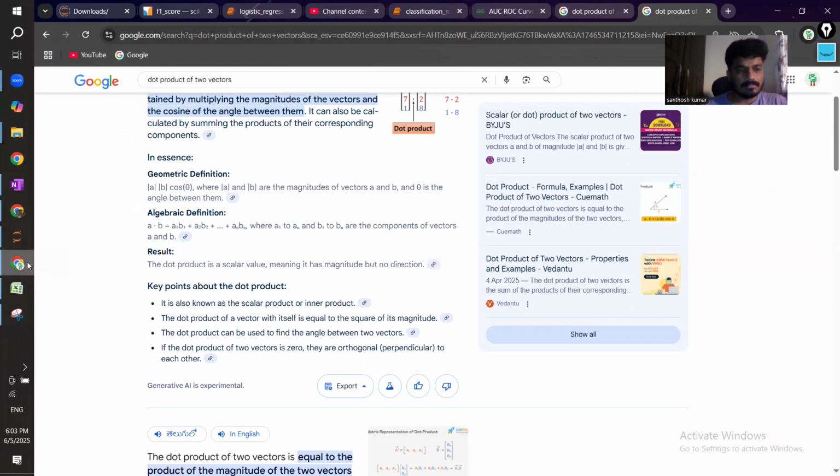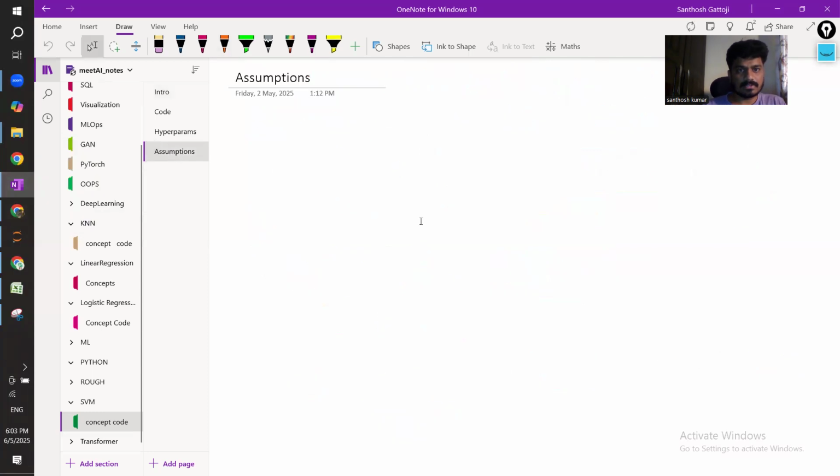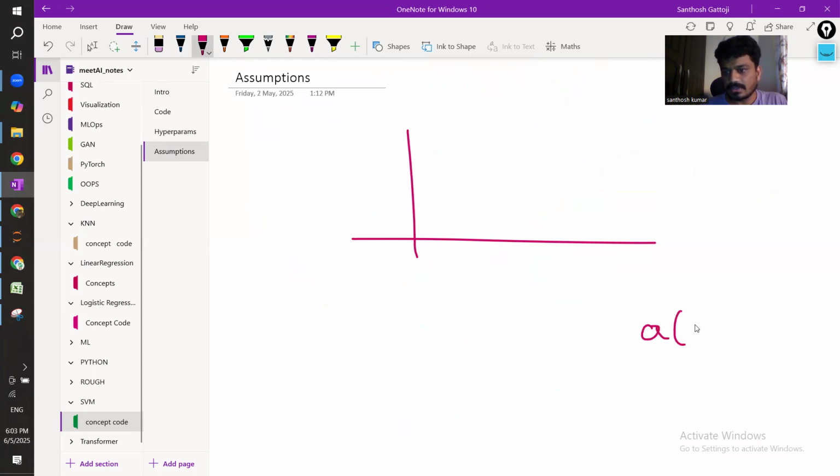See, basically, Karthik, if I tell you what a vector is, for example, if I'm saying A is a vector of 3 comma 4, and it is in a 2D plane, that means this is its value on the x-axis and this is its value on the y-axis. For example, this is x and this is y.